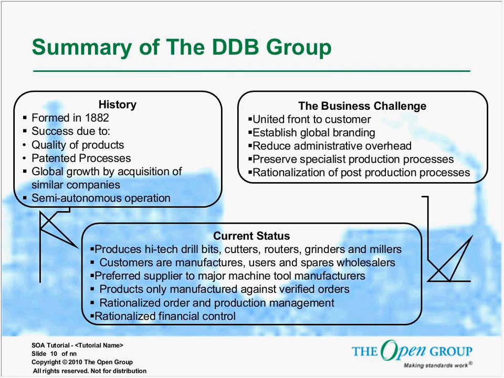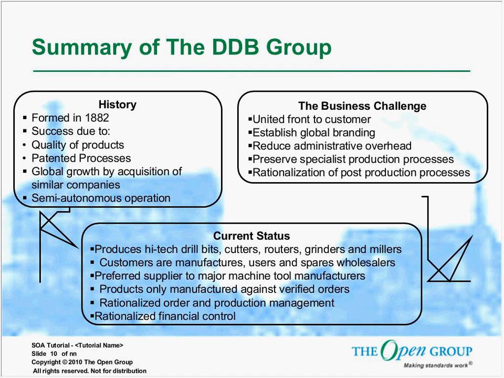And they've moved beyond Europe to grow globally, and they've implemented this growth through acquisitions and semi-autonomous operational implementations. But things are changing here at DDB. Their competitors are biting at their ankles, and they need a united front to the customer.